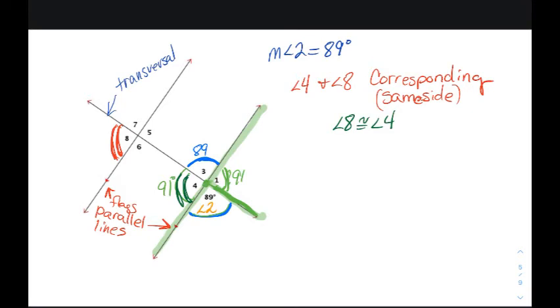If you have parallel lines, and we have been given parallel lines, then we can say that corresponding angles of parallel lines are congruent. So angle 8 and angle 4 have the same measurement. So then angle 8 is also going to equal 91 degrees.